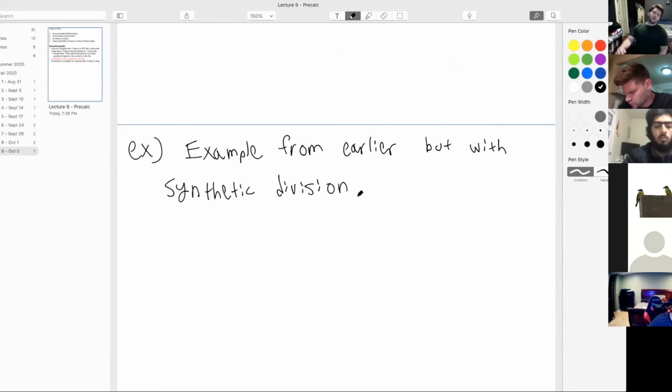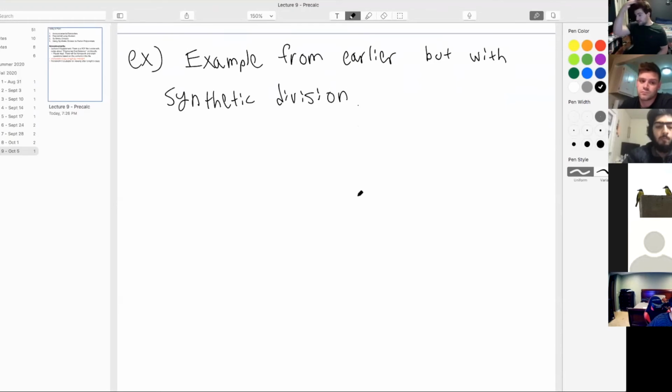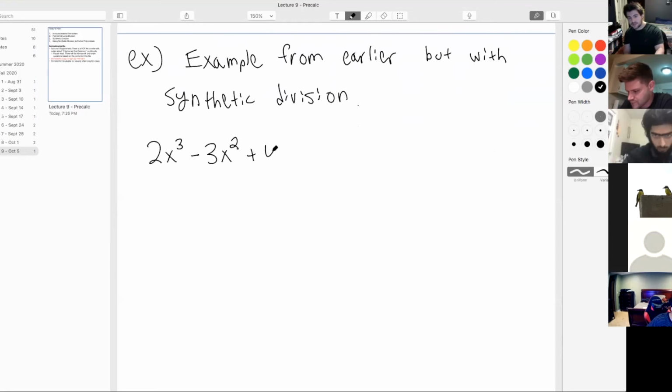I just want to show you that you're going to get the same answer if you use synthetic division. So the example was 2x cubed minus 3x squared plus 4x plus 5 divided by x plus 2.